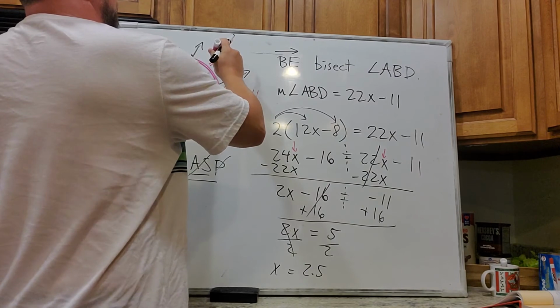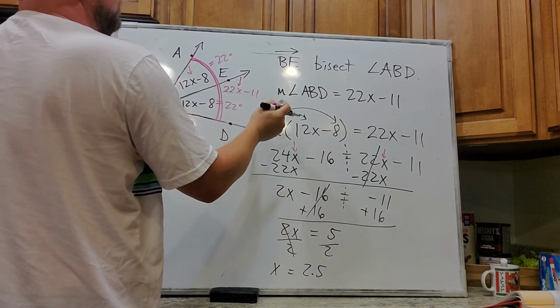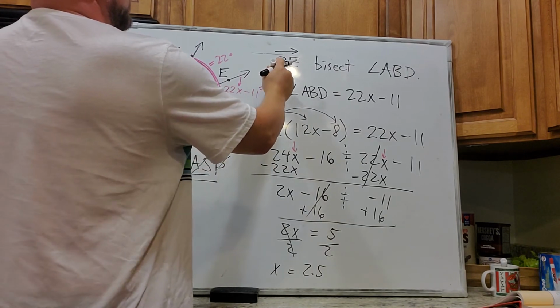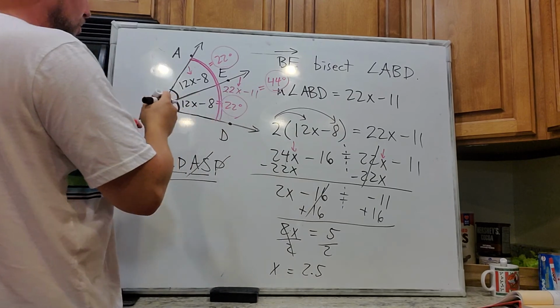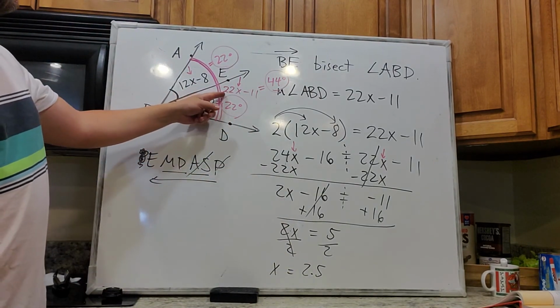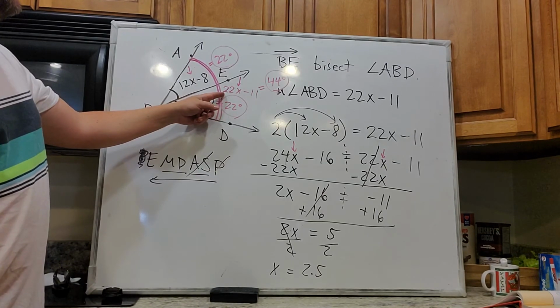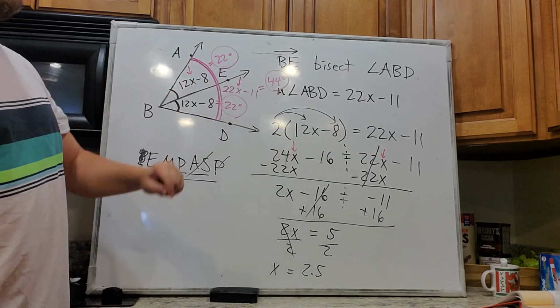So this angle is 22 degrees, and this angle is 22 degrees. That means this overall angle should be 44 degrees. If you don't believe me, plug your 2.5 back in here. 2.5 times 22 would be 44 plus 11, 55. 55 minus 11 gets you down to 44.